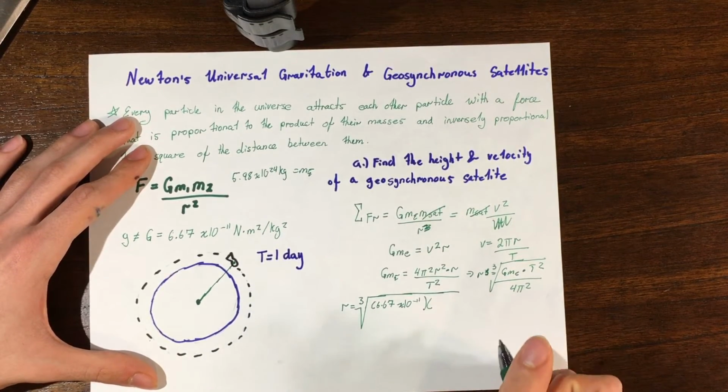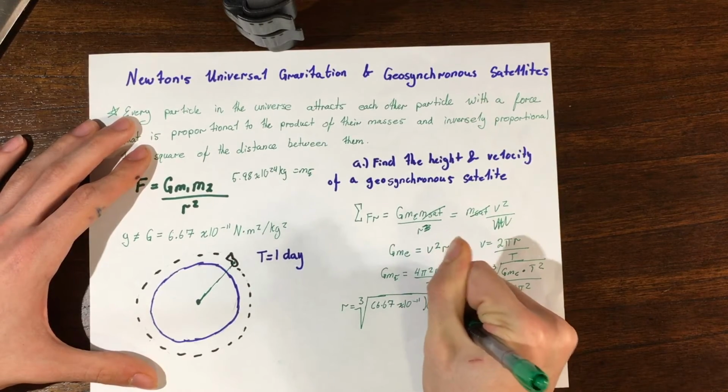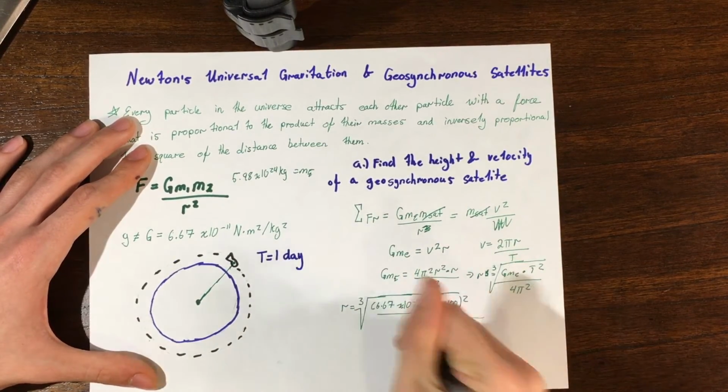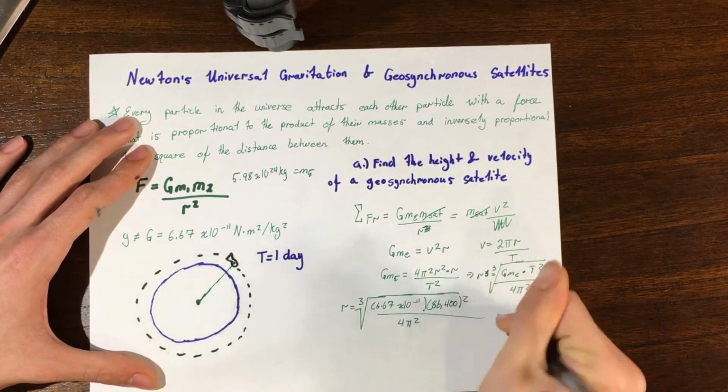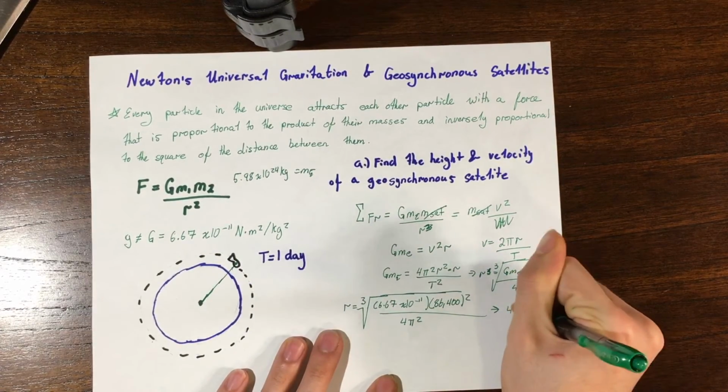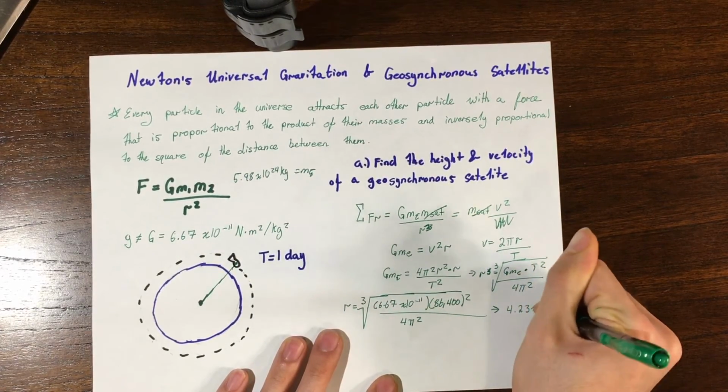If you don't believe me, do some stoichiometry. Squared over 4 pi squared, and you get a radius of 4.23 times 10 to the 7th meters.